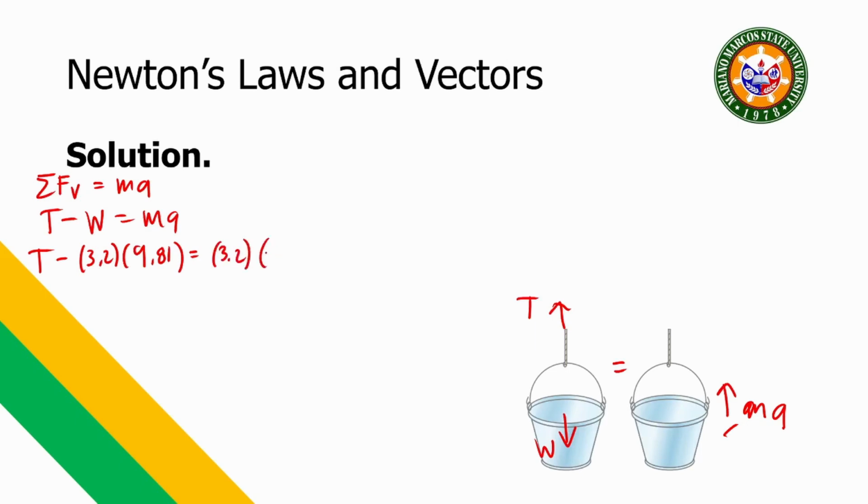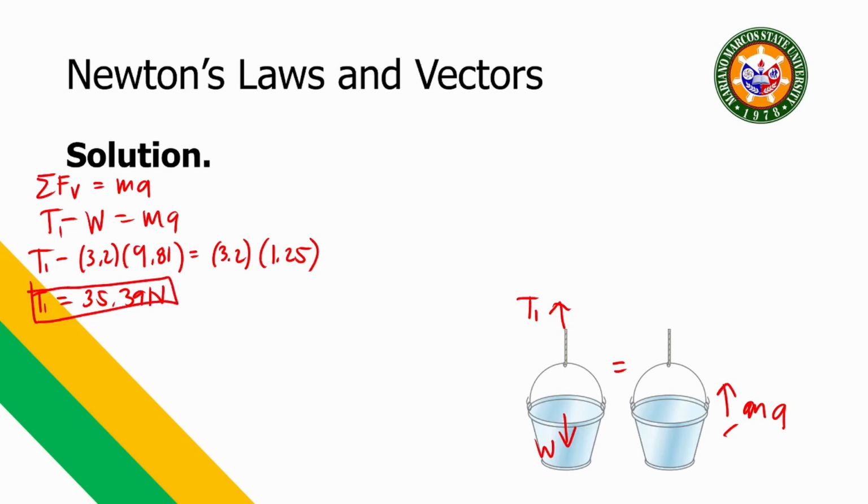Sabi dun sa problem, it is accelerating upwards by 1.25 meter per second square. So, we will get that the tension, let us call this tension 1 kasi iba yung tension natin mamaya doon sa taas, tension 1 will be equal to, calculator niya na lang, 35.39 newtons.